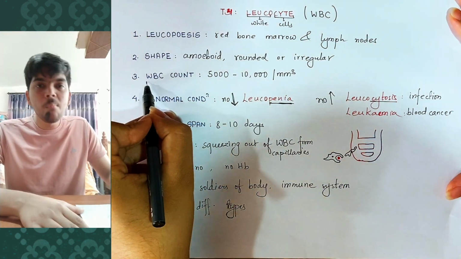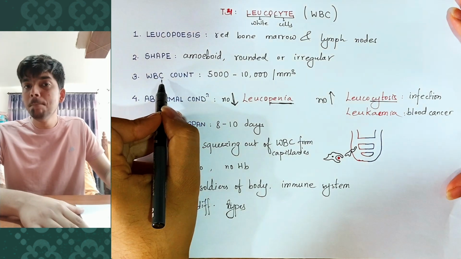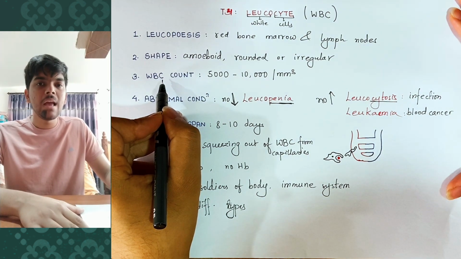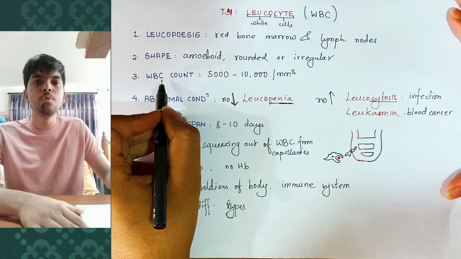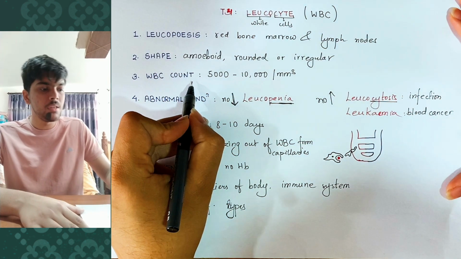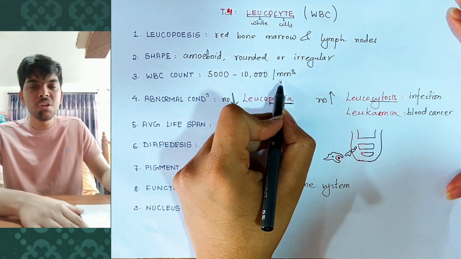Thirdly, the number of red blood cells was 5 to 5.5 million per cubic millimeter in the blood of male and 4 to 4.5 million per cubic millimeter in the blood of female. WBC count, on the other hand, is 5,000 to 10,000 per cubic millimeter.